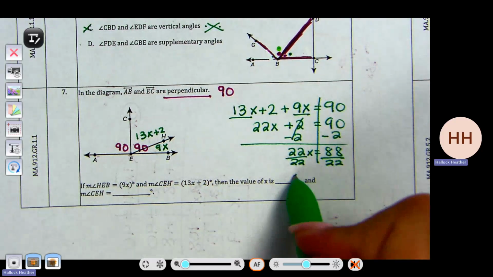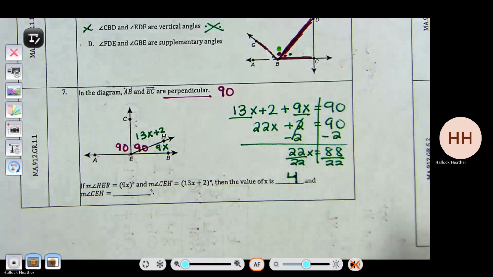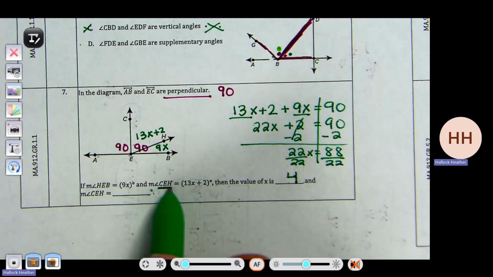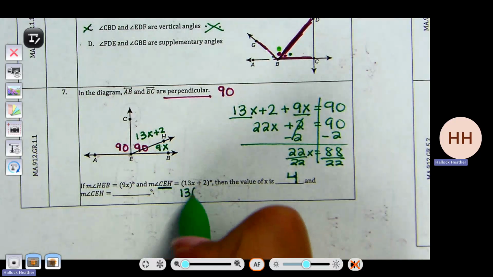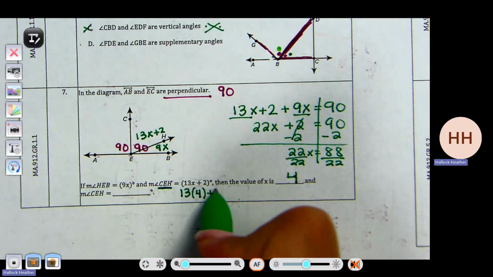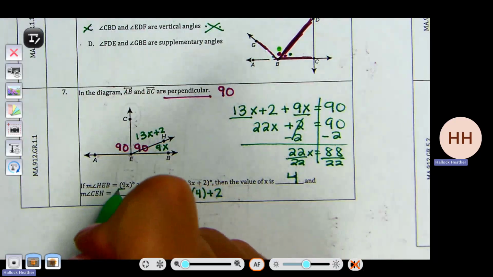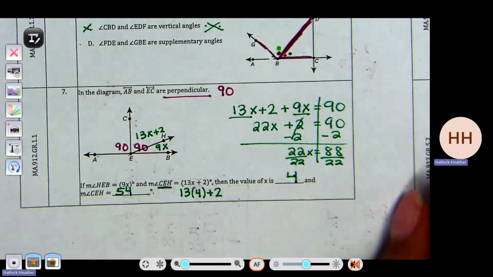So x is 4. I need to find CEH, so I'm going to plug it back into CEH. So 13 times 4 plus 12. 13 times 4 plus 12 is 64 degrees.